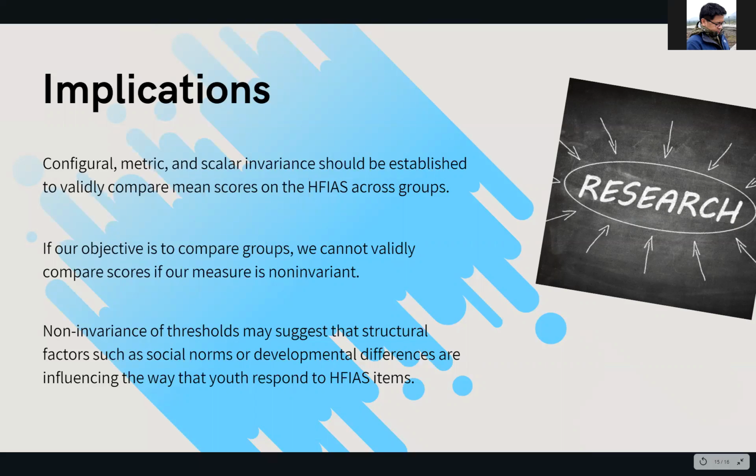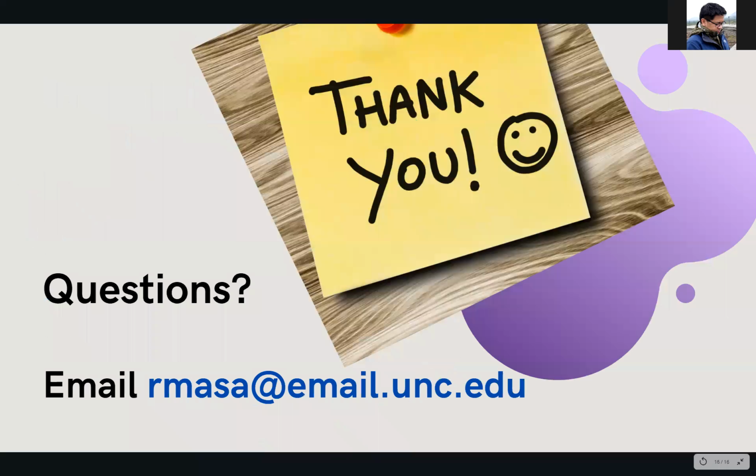Or in the case of the Household Food Insecurity Access Scale, there might be social norms or developmental differences influencing youth's response to the items, and it's not because of the underlying construct or their differences on the underlying construct. And thank you.